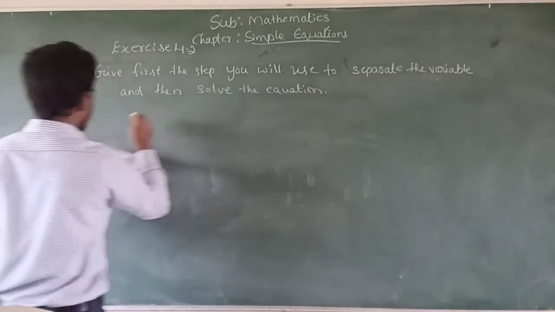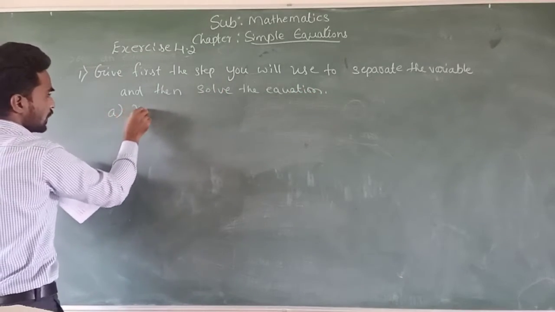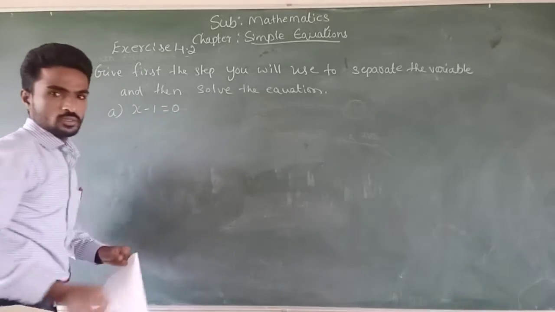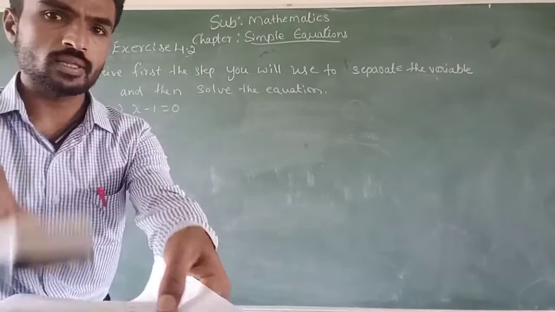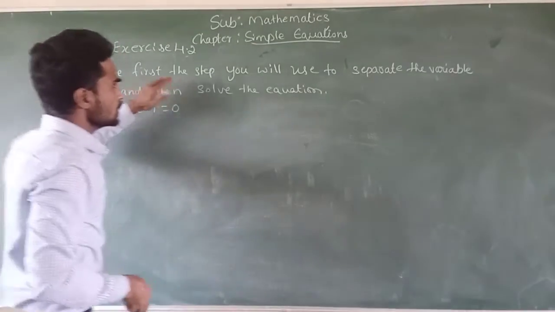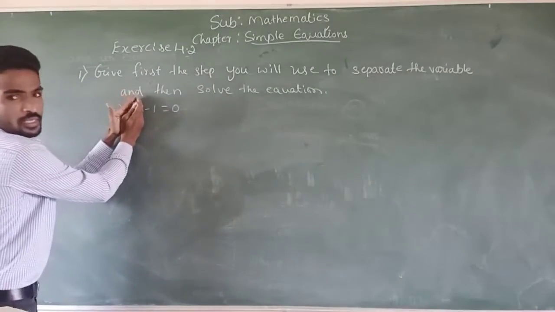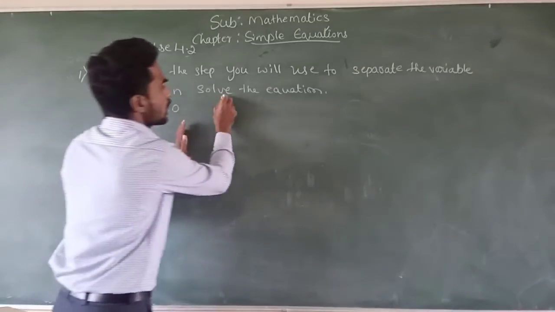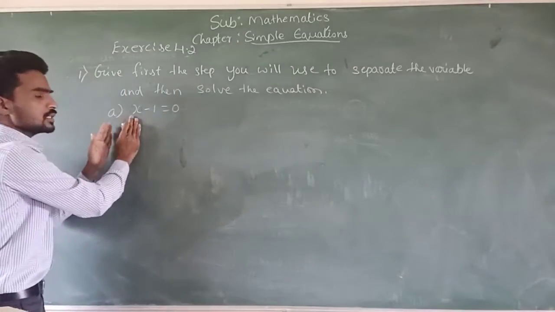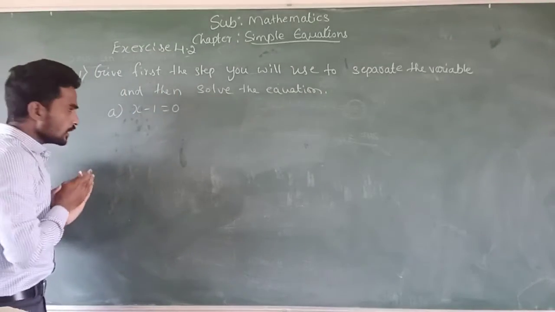First one, x minus 1 is equal to 0. Here they are given that first step you can use to separate this variable x and also solve the equation and find out the solution of the given equation.